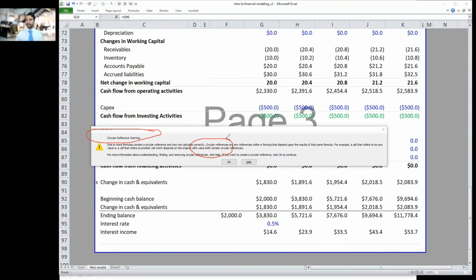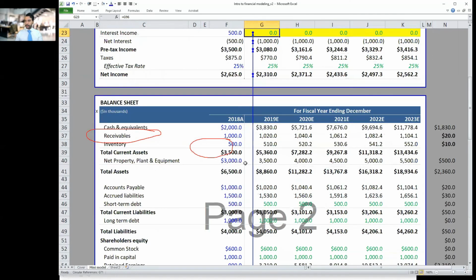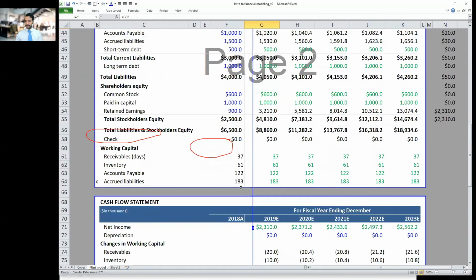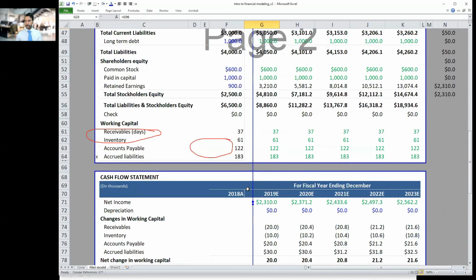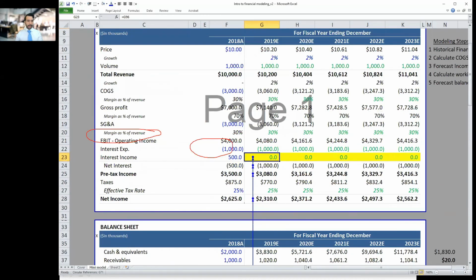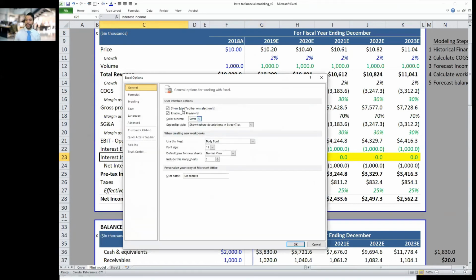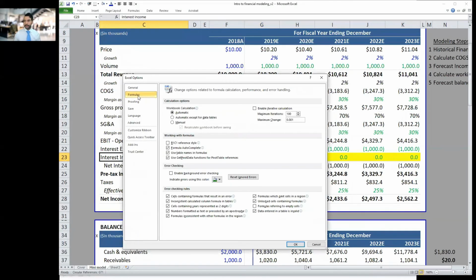How do you fix that? Simple. Click OK. You're going to get these retracements, these blue lines. And the way you fix this, let me clear up my screen here with my drawings. The way you fix this is you go to Excel options. You go to formulas. You see here on the right-hand side where it says enable iterative calculation, make sure this is checked.